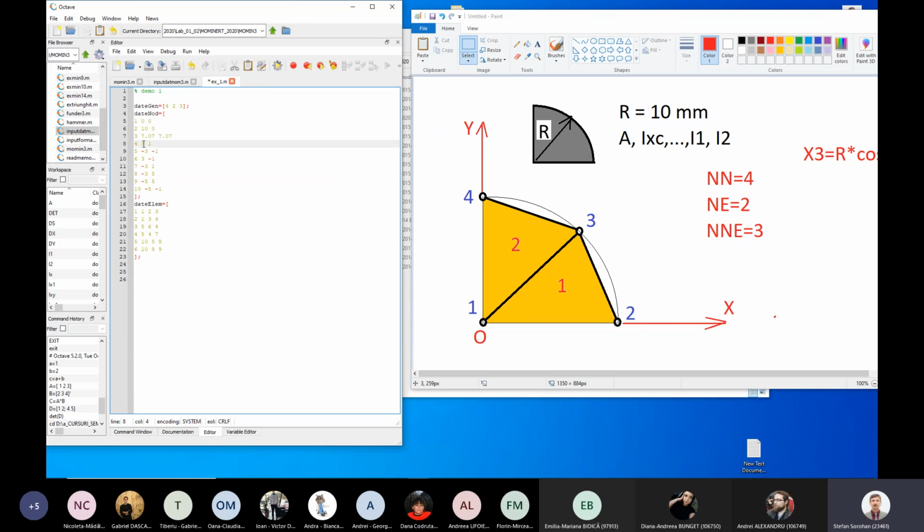Node 4 is 0 on X and 10 on Y. And the remaining nodes will be deleted. So the node data are given here.